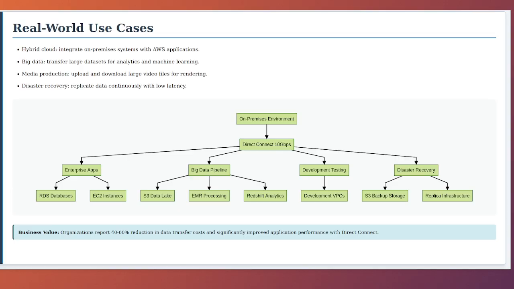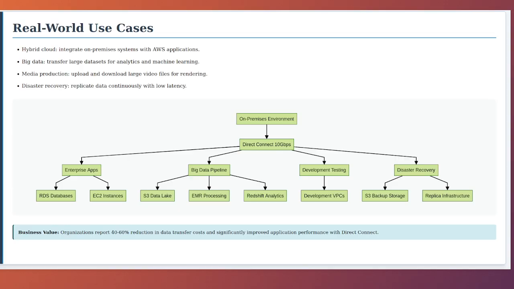The diagram shows a multi-use case architecture. The on-premises environment connects via Direct Connect to AWS. Different workloads use different parts of the AWS infrastructure. Enterprise applications connect to RDS databases and EC2 compute instances for hybrid application architectures.